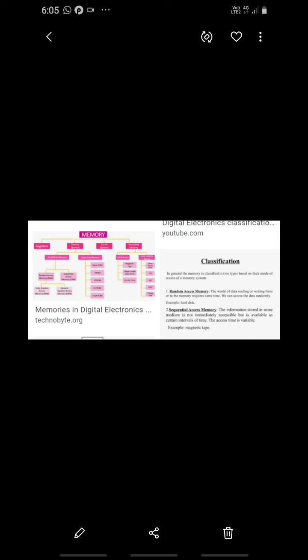That is, the stored information will remain as it is as long as power is applied. If the electrical power is removed, all information stored in the memory will be lost. Example: RAM, random access memory.